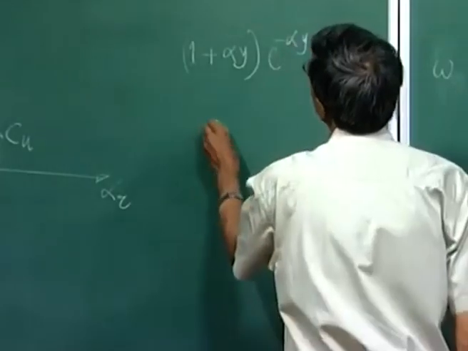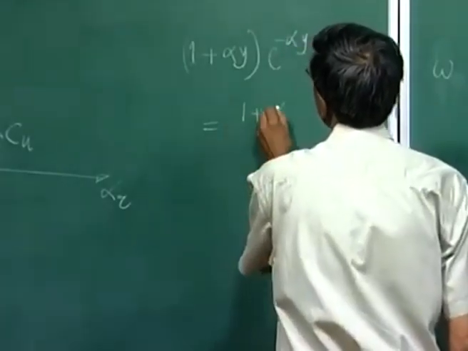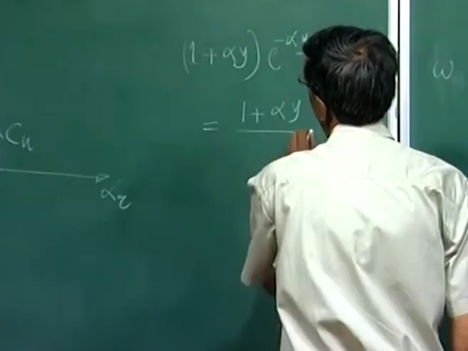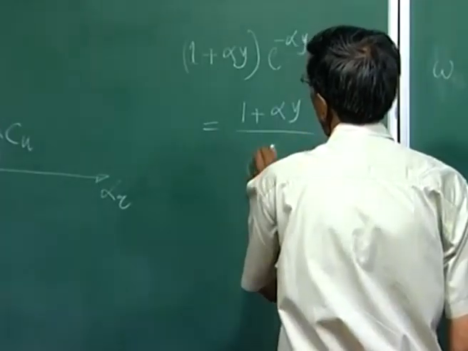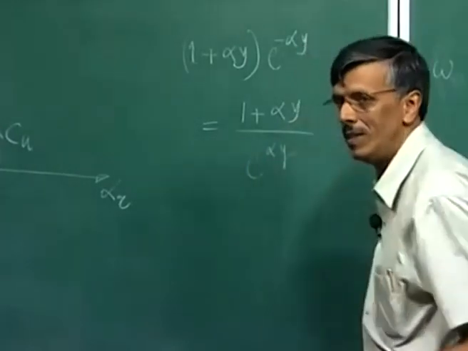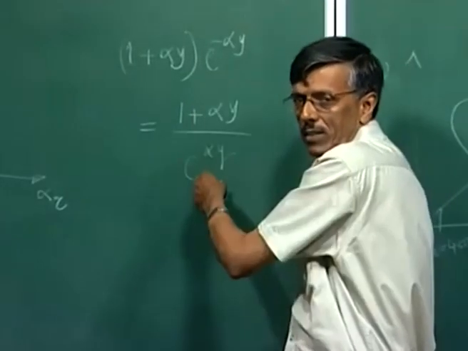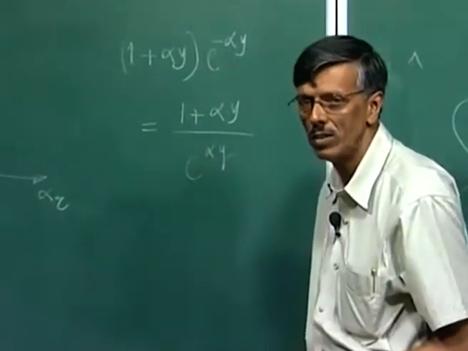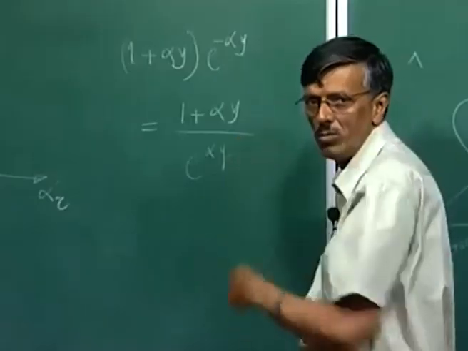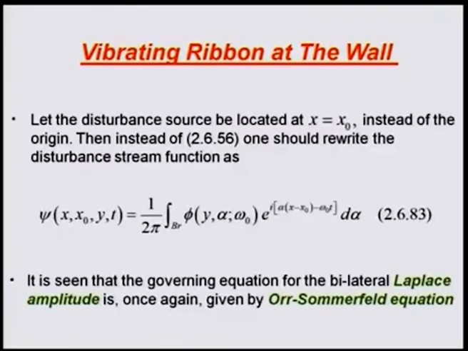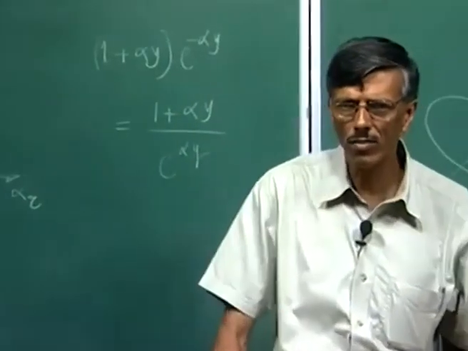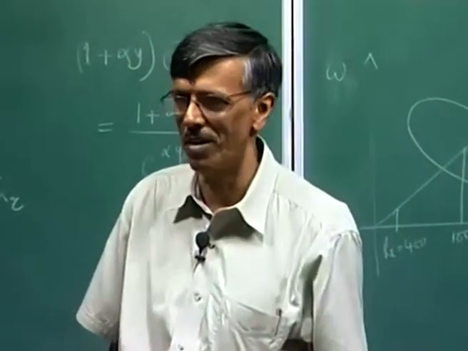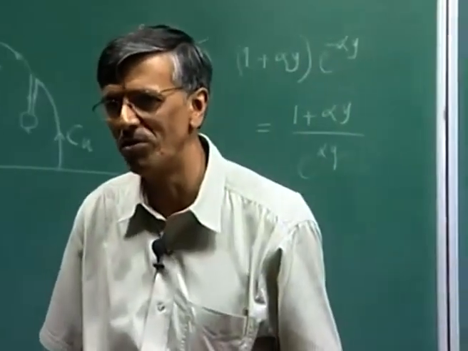So this I can write it as 1 plus alpha y e to the power alpha y. So can we say the denominator's order is more than 2 orders more than the numerator? That's what we are saying, that it does not satisfy the condition of Jordan's lemma. And this was not proven before.